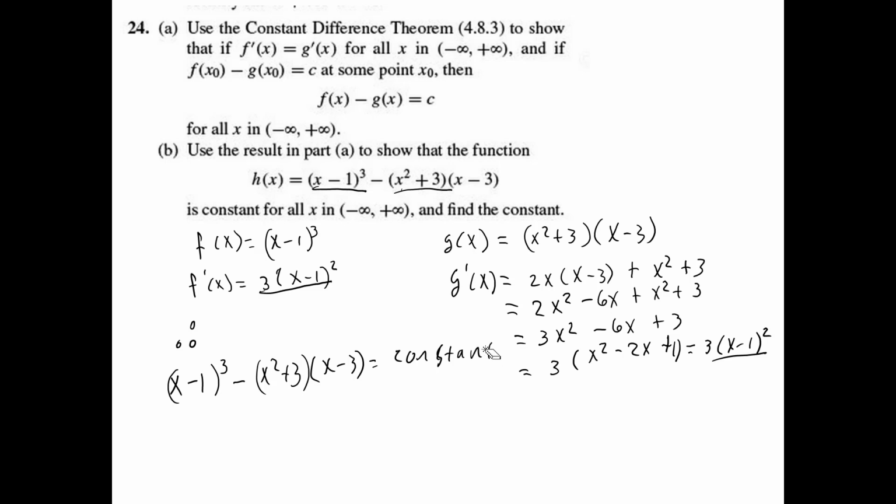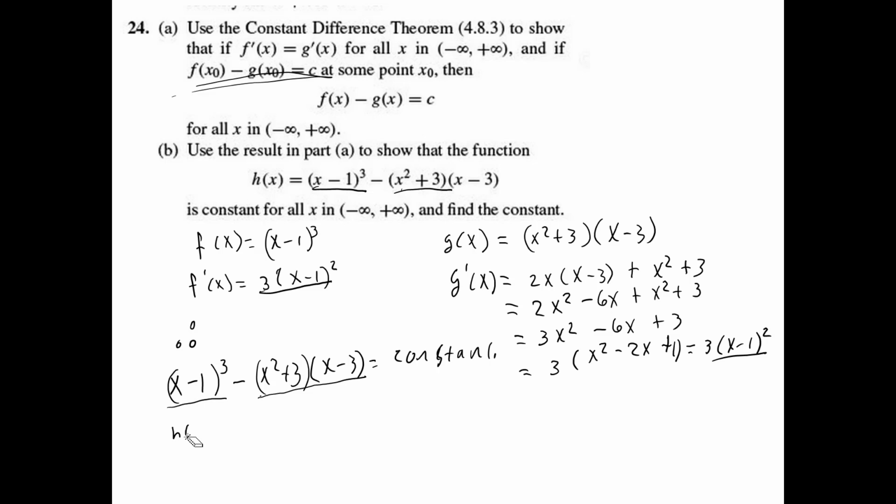Now, how do we find the constant? If f of x naught minus g of x naught equals c at some point x naught, well, since it's a constant, we get the same output from any input. So the easiest input that we could pick, I'm thinking of a couple. 3 would make all of this 0, and 3 would be easy to evaluate here.